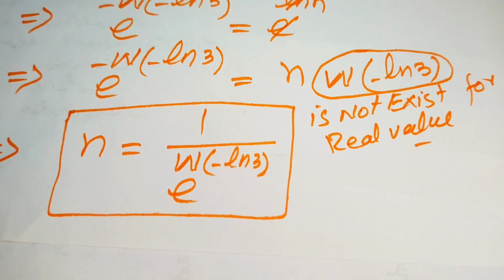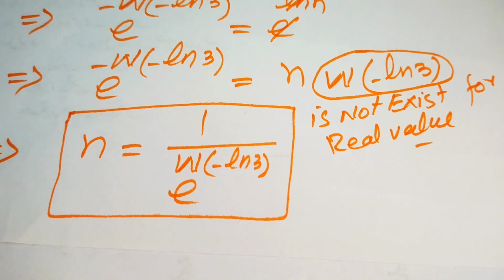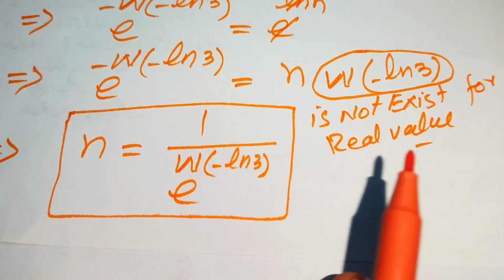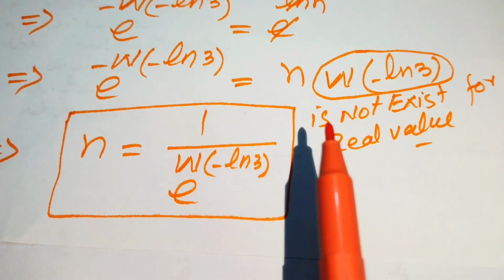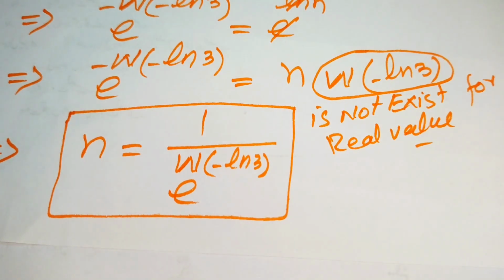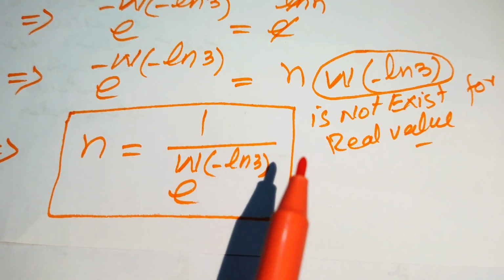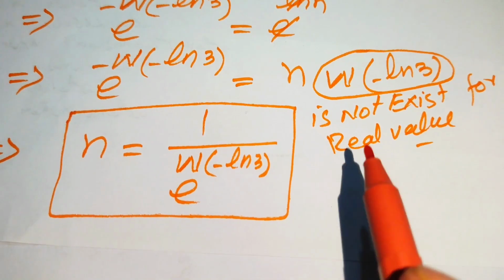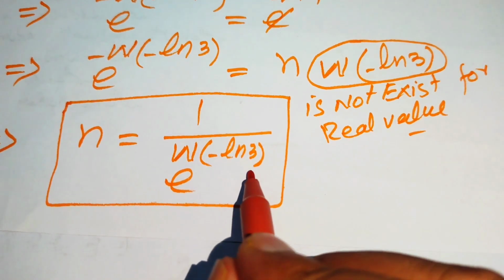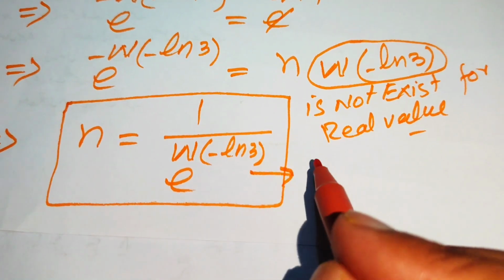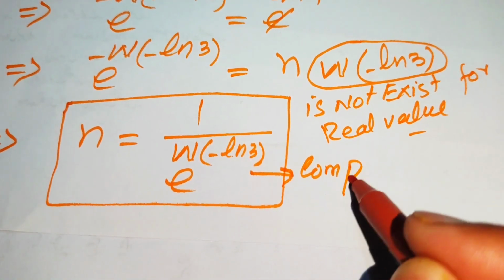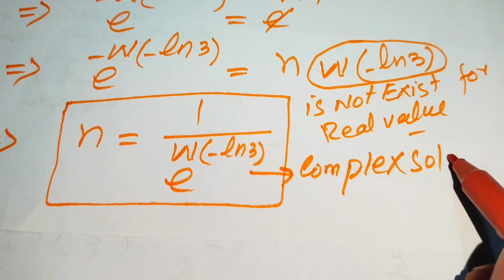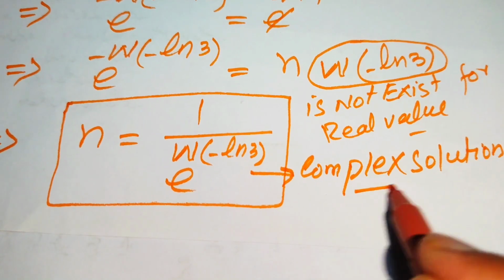It means that the value of this Lambert W function is some complex number. You can easily find the value of W of minus log 3 by using Mathematica or Wolfram Alpha, and you will clearly get the value of this Lambert W function. So it cannot exist for real values, which means this solution is our complex solution.